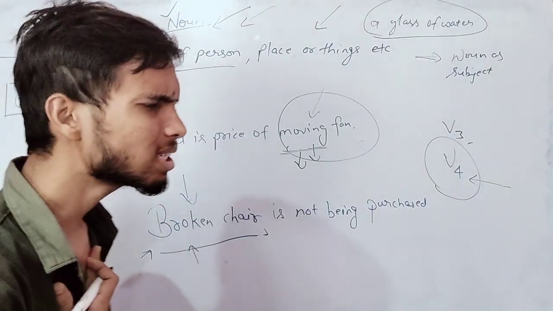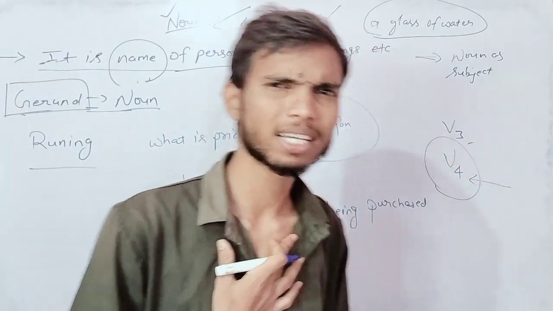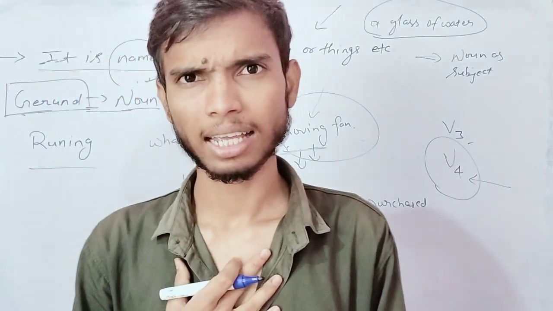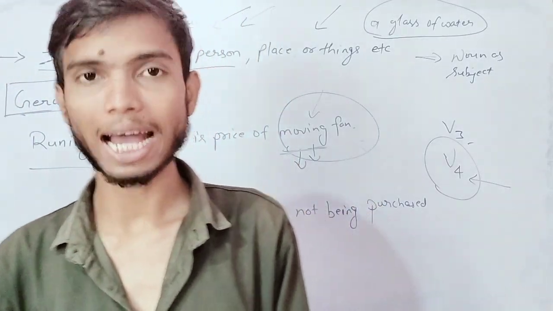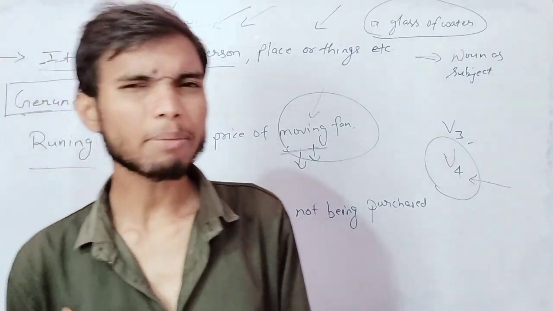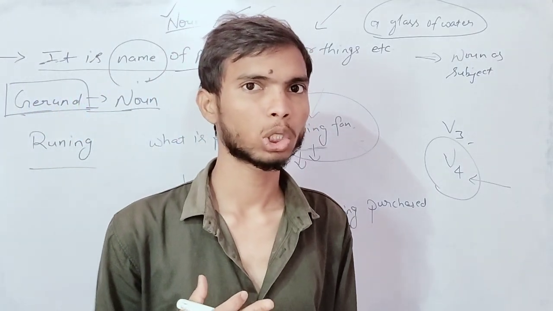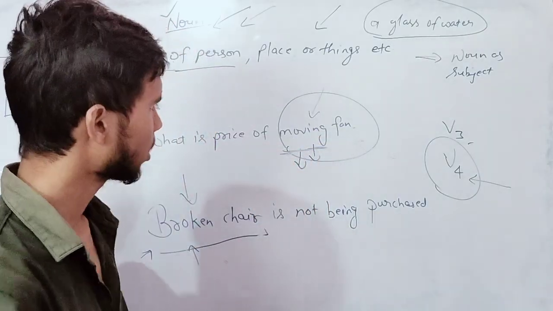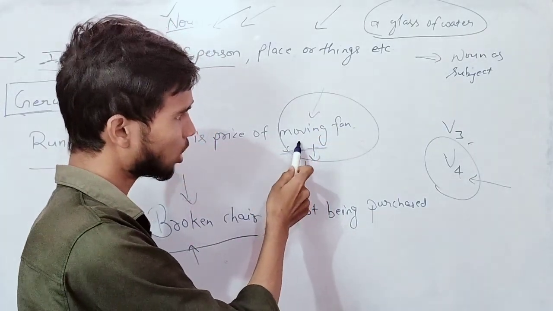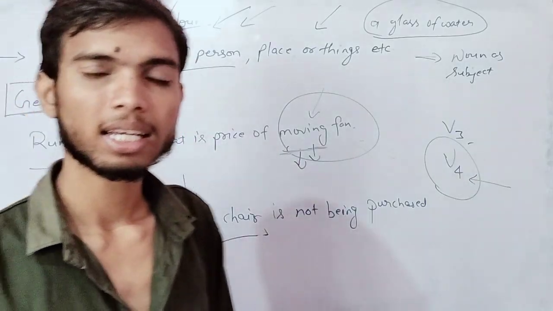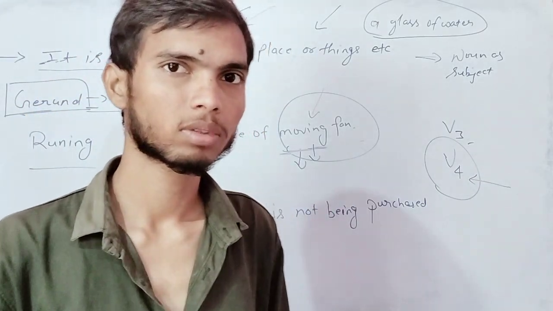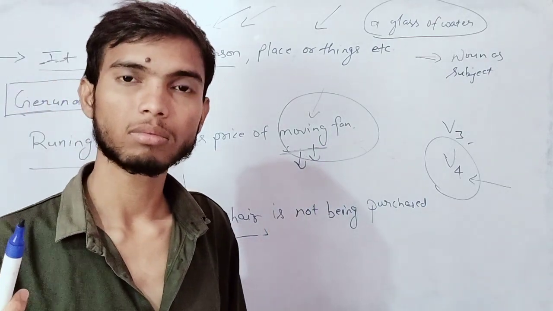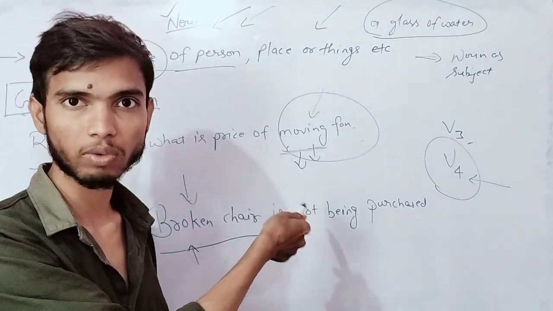Now I was saying that V3 can be used as a noun. So here, can we not say that the name of this verb is noun, because it is not performing as a verb in this sentence?